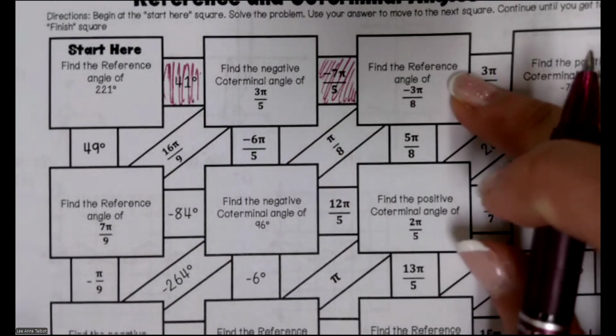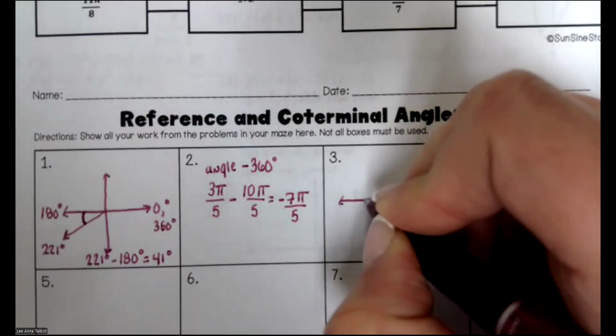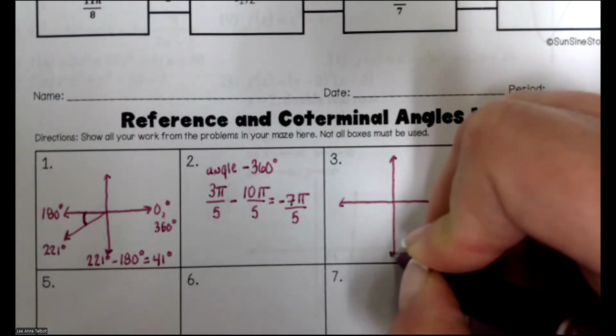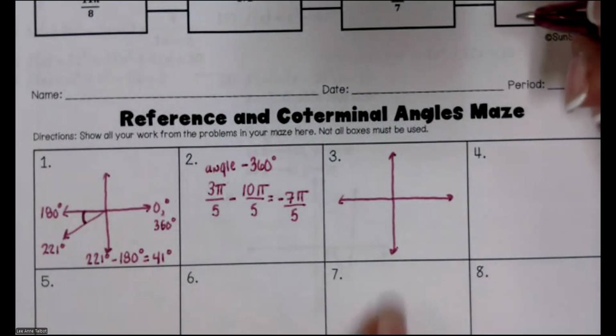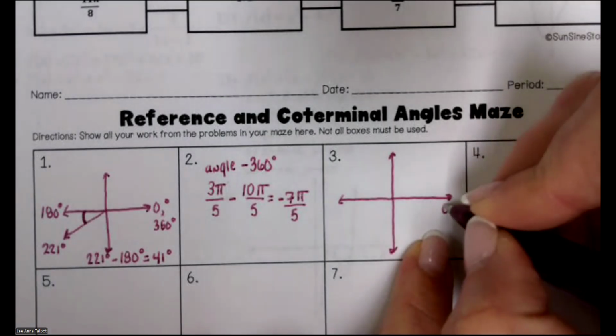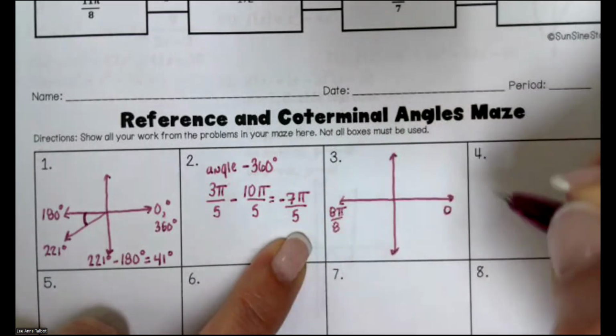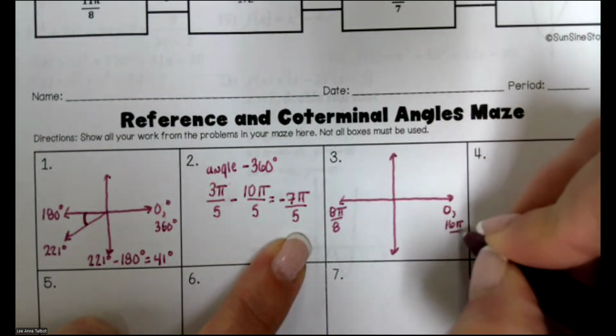Okay, find the reference angle of negative 3 pi over 8. I'm going to draw this one. The answer is not going to be exciting, but I am going to draw it. So I have negative 3 pi over 8, so I'm going to put 0, 8 pi over 8, 16 pi over 8.